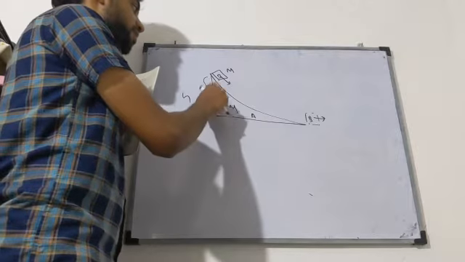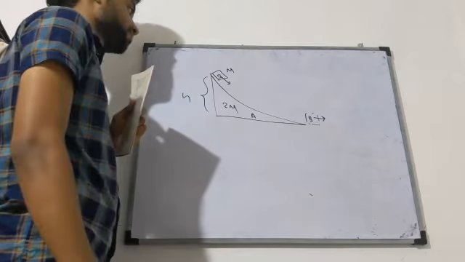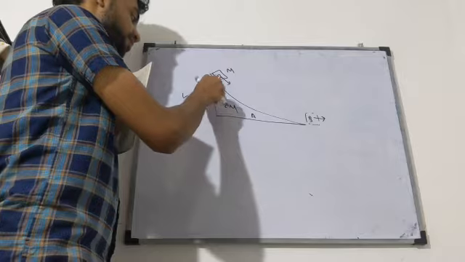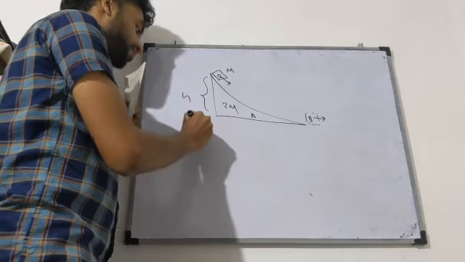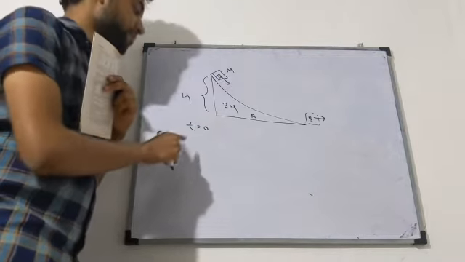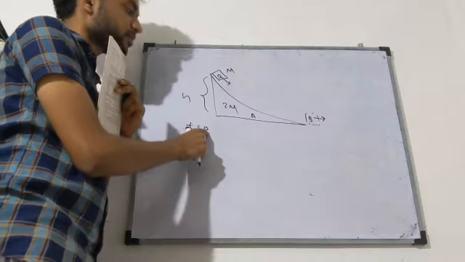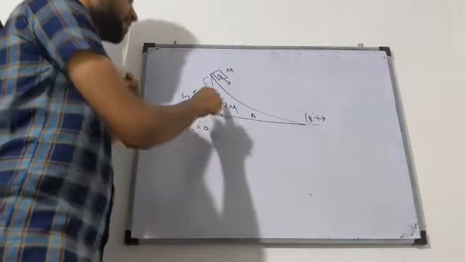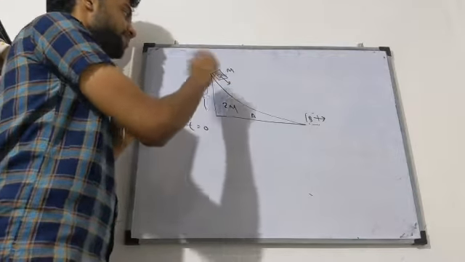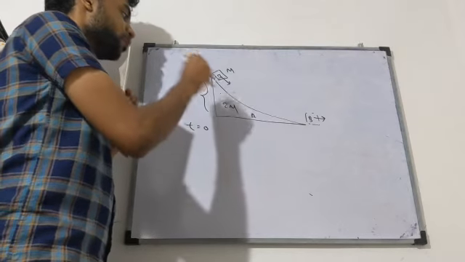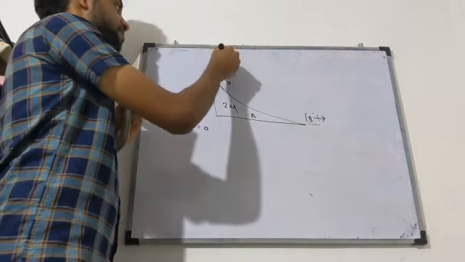Now looking at the system, initially at t equals 0, you can look at the system at t equals 0. What's the meaning of this? Here, before releasing it, the initial momentum of the system is 0.